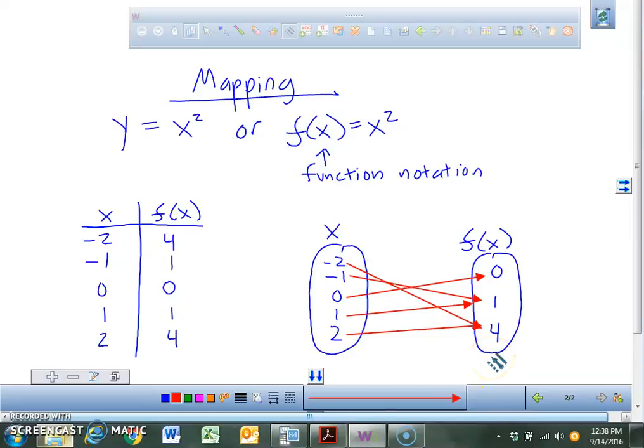So when you're doing math, when you see arrows being drawn, it's telling you that when you plug in this number, it leads you to a 4. And you can kind of see it's okay if the x values end up having the same y value. But every single time I plug in a -2 into this equation, what are you going to get every single time? You're going to get a 4.